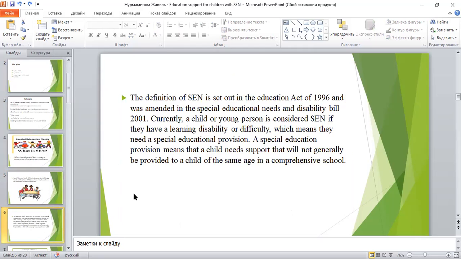Currently, a child or young person is considered to have special education needs if they have a learning disability or difficulty, which means they need special educational provision. Special educational provision means that a child needs support that will not generally be provided to a child of the same age in a comprehensive school.